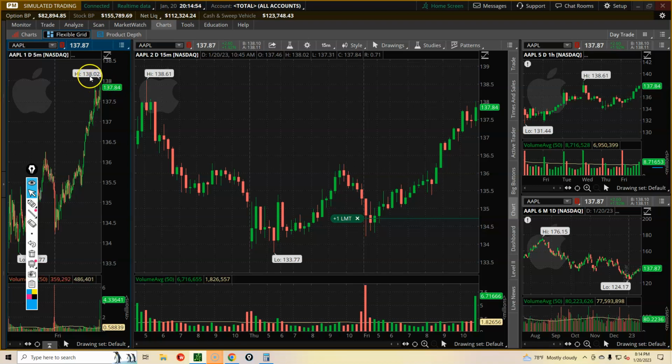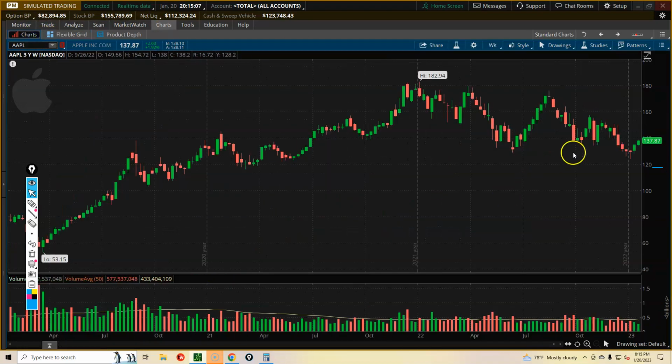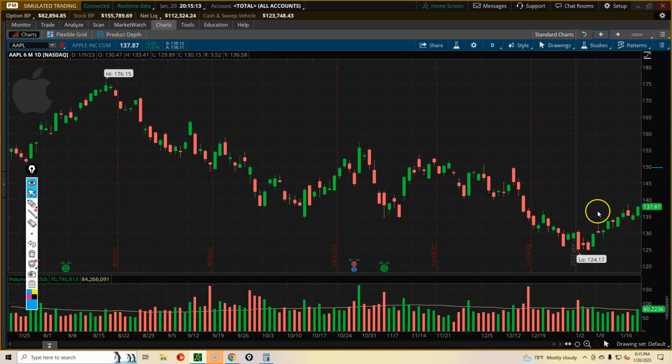The highest it got to today, this Friday, was 138.02. So it really seems to be hitting more resistance around that 140. We see this on the weekly chart too, and going back to our daily chart.